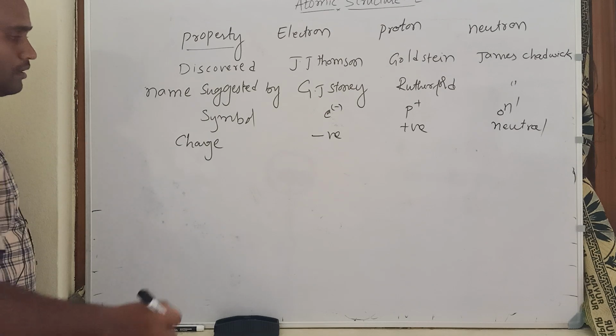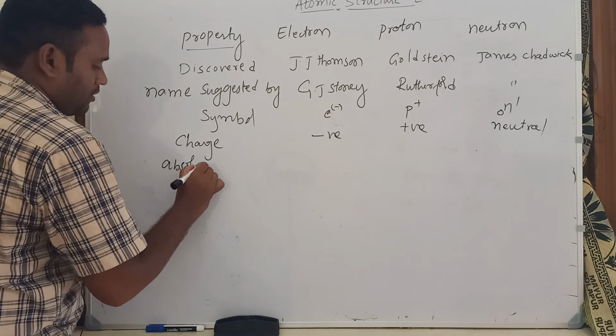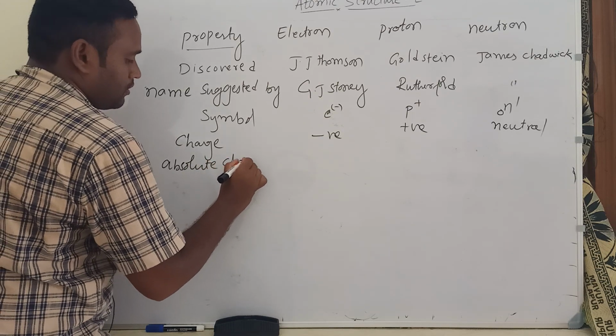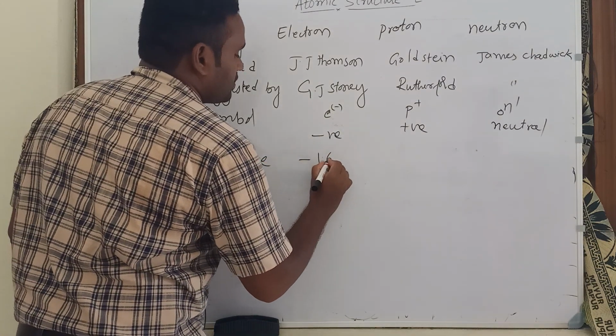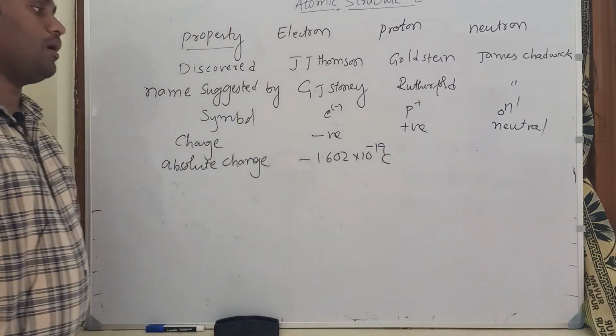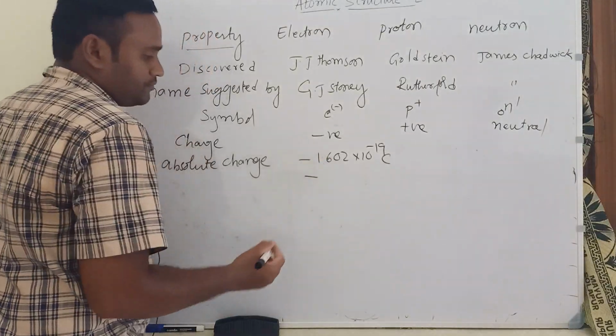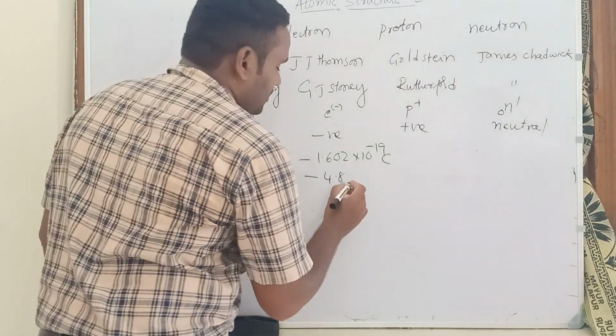Next, absolute charge. The absolute charge of the electron is -1.602 × 10^-19 coulombs, or -4.8 × 10^-10 ESU, electrostatic unit. The minus sign is because they have negative charge.